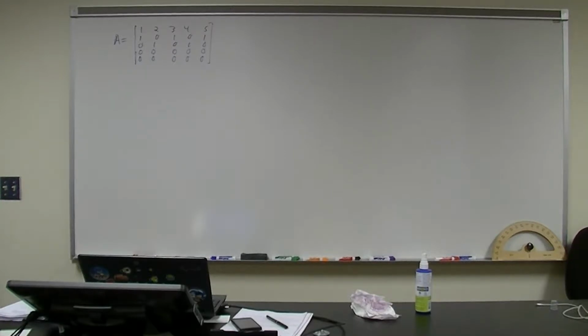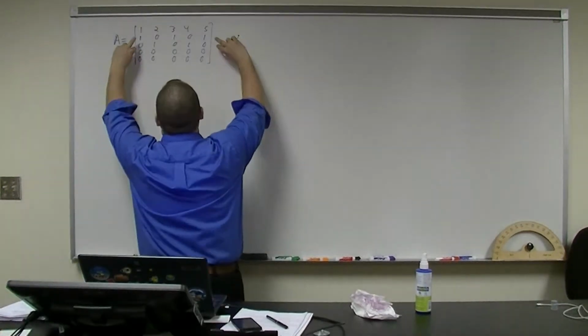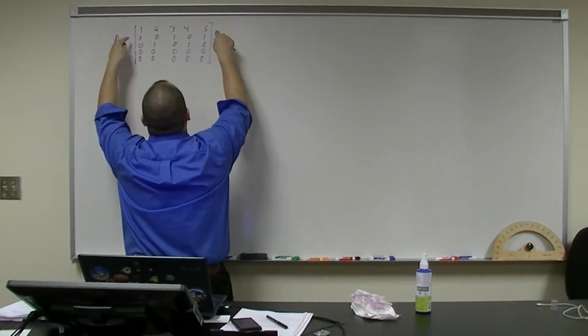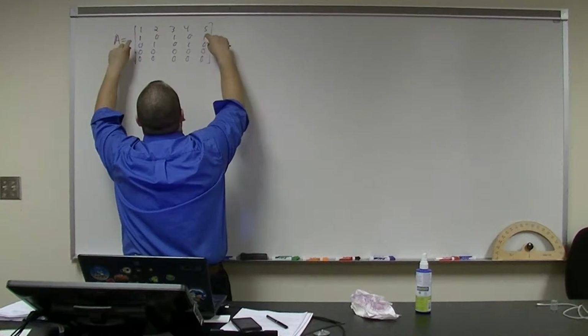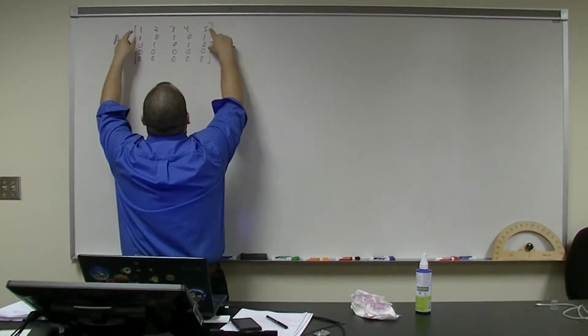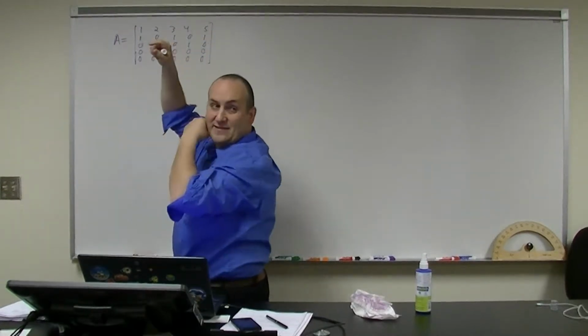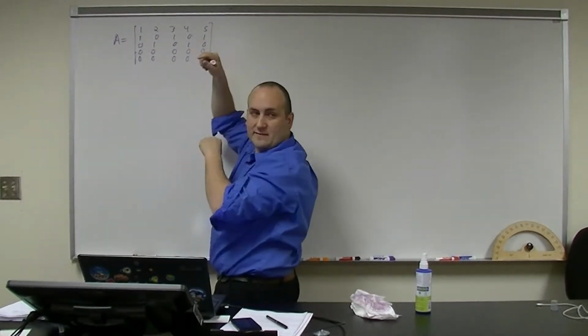What's the rank of this matrix? 3. Are you sure? If I was unlucky, like if the first row was all ones, then you would see that something else is required, right? But you're taking it on faith that there's no linear combination of the first three. Yes, that's your assumption. I think you're right.